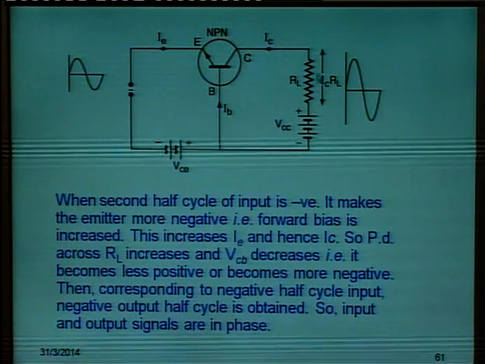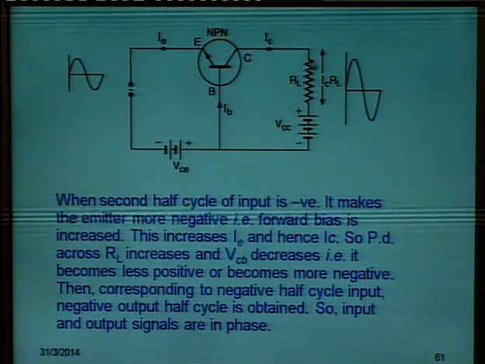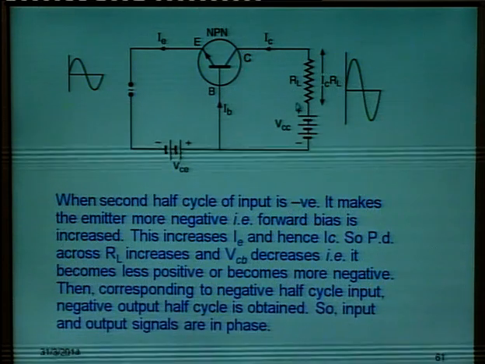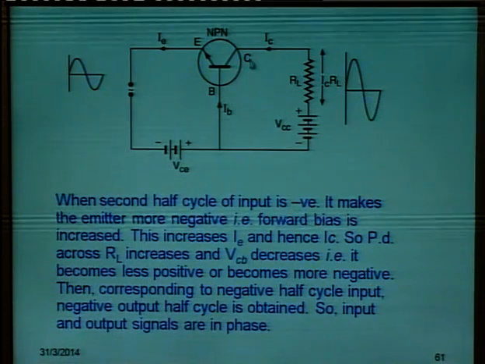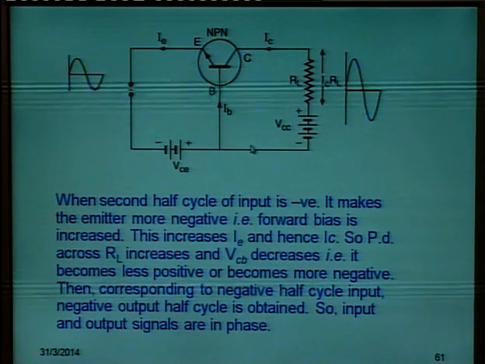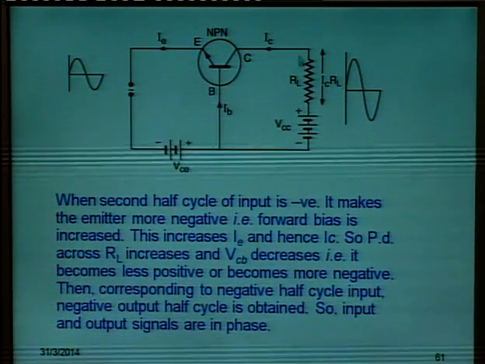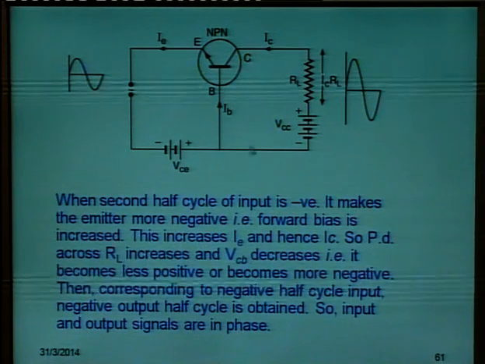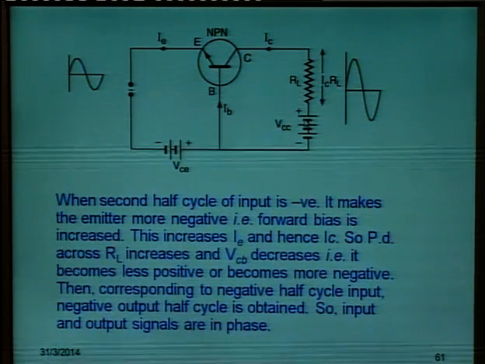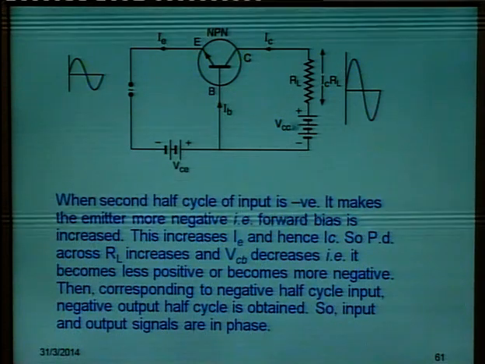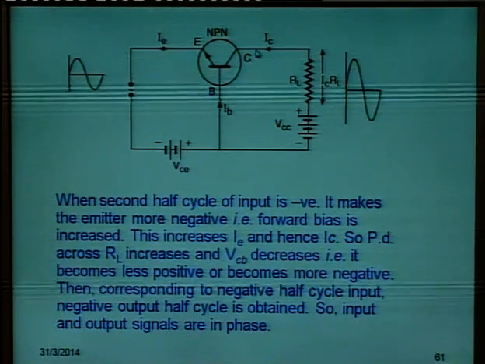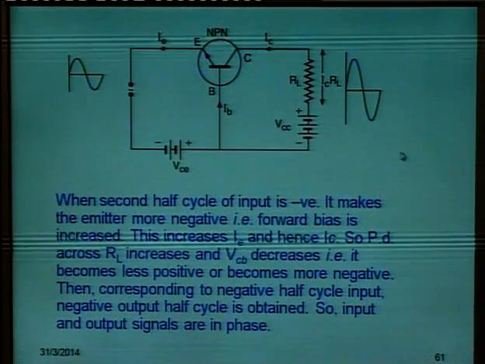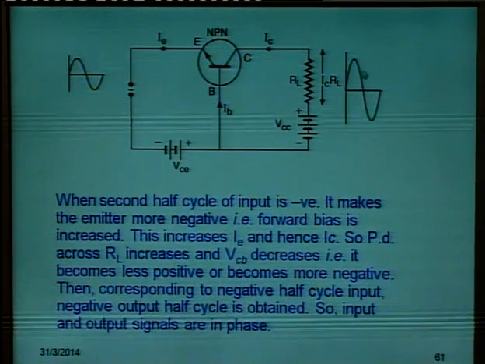If collector current has increased, voltage drop across the load resistor has increased, and the voltage across the collector is coming lesser, but the collector is connected to the positive terminal. If voltage has become less here, something negative has come here. This means it has become less positive, that is, more negative. So you get an amplified output.